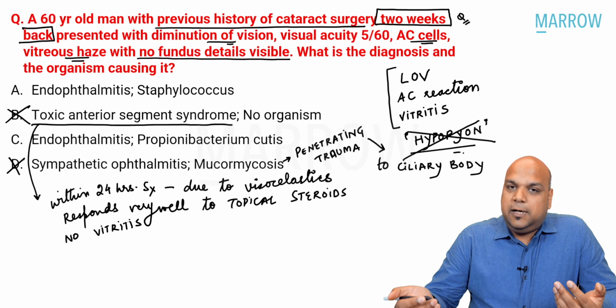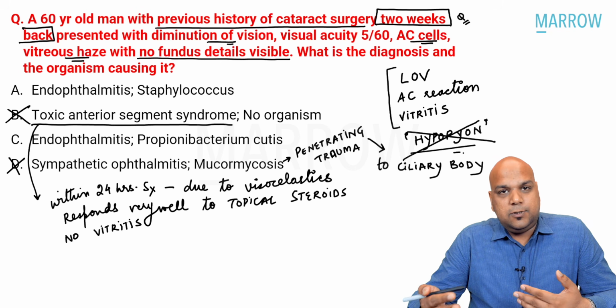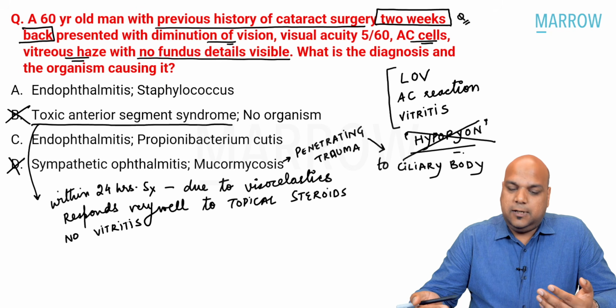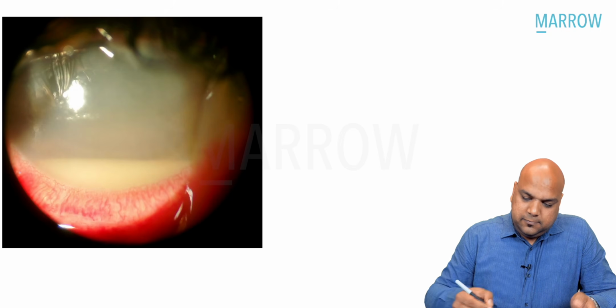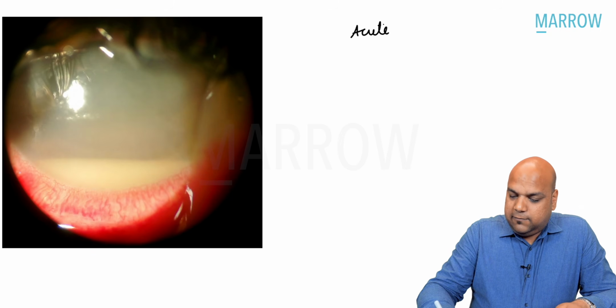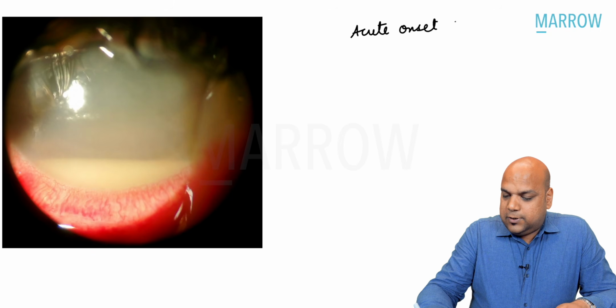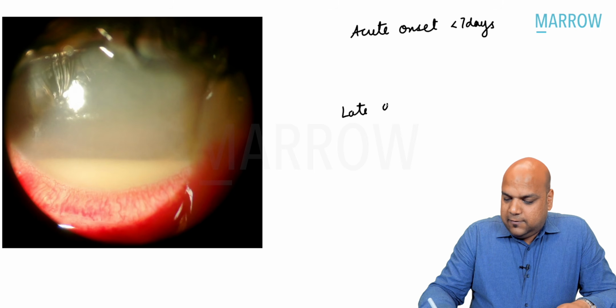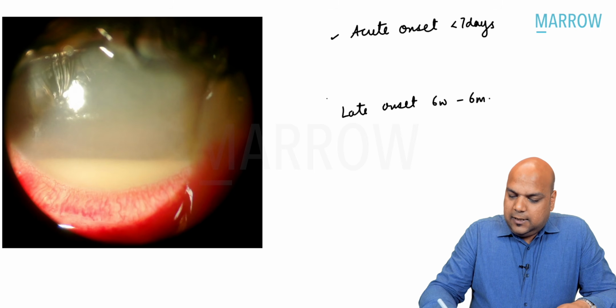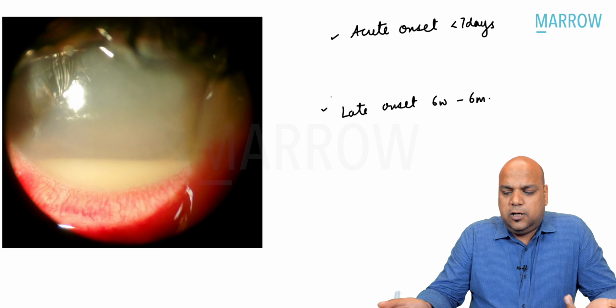So now endophthalmitis we know is of two types: acute onset post-op or late onset. Acute onset, this is just a photograph, we will come on to it. Acute onset we study within 7 days. Late onset we study usually 6 weeks to 6 months. I think that was the problem. 2 weeks was given, none of the timeline.